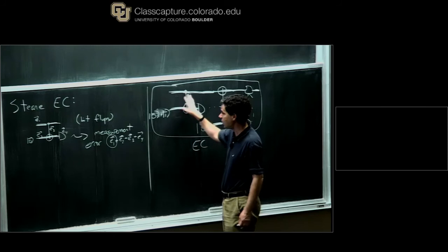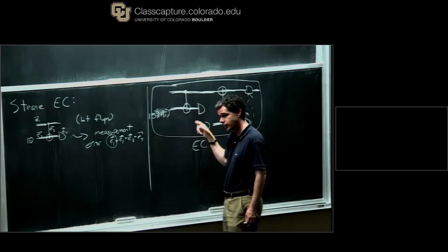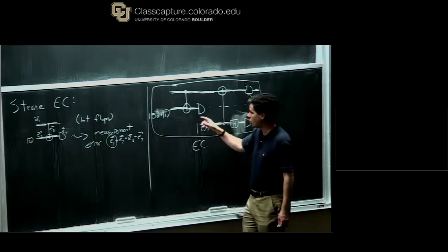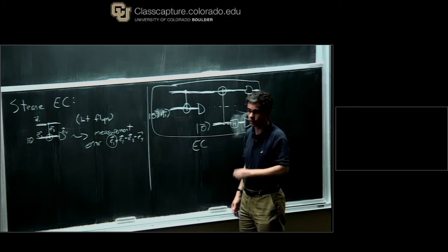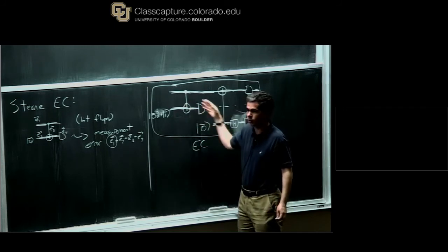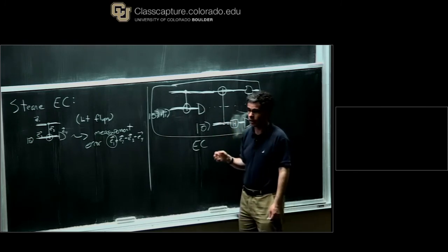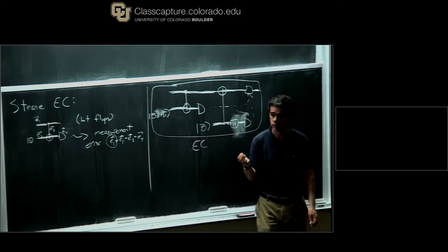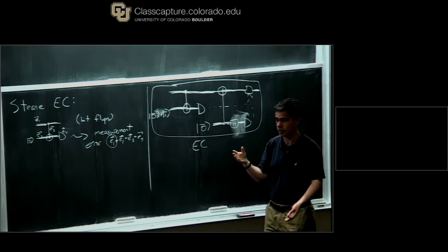When I'm talking about faults, I haven't told you how to make these logical states yet, but I mean faults on physical qubits. If there's an error on a logical qubit at any point during this procedure, then sure, this whole thing will fail. But to get an error on a logical qubit requires d errors, where d is the distance of the code.